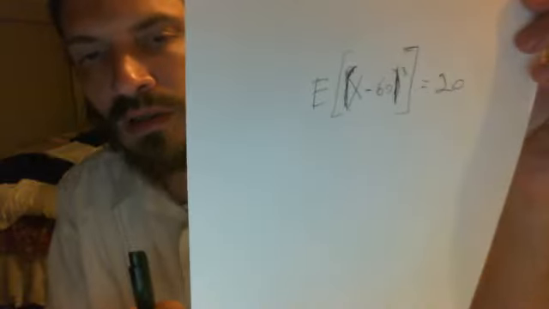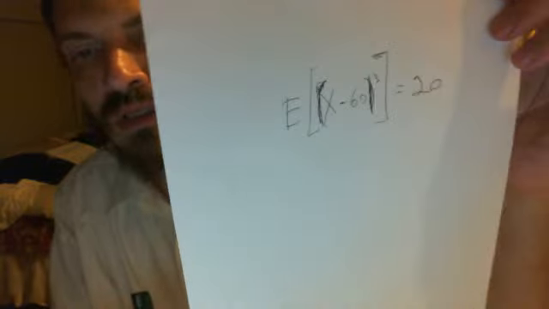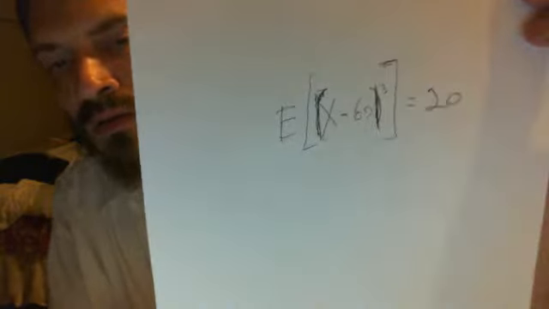The statement goes like this: the expected value of the absolute value of X minus 60 cubed is equal to 20. What does this mean?